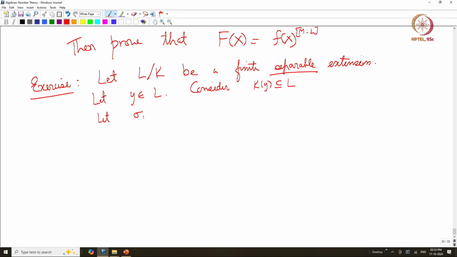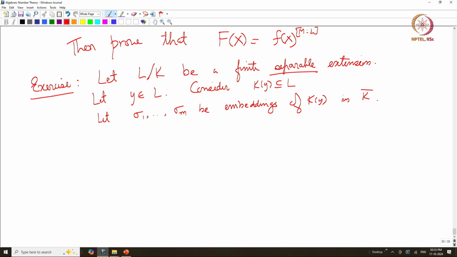So, let sigma 1 up to sigma m be the embeddings of K(y) inside K bar, the algebraic closure.